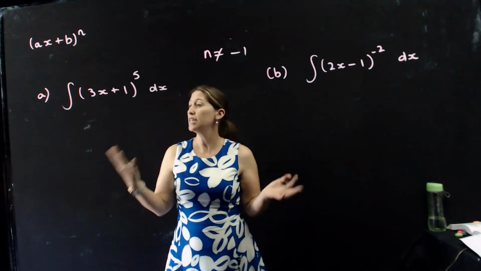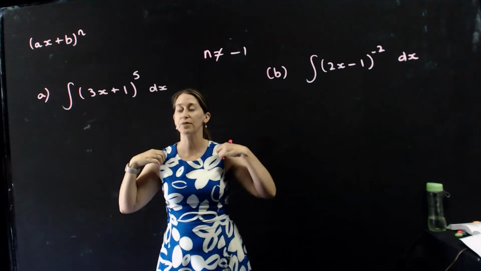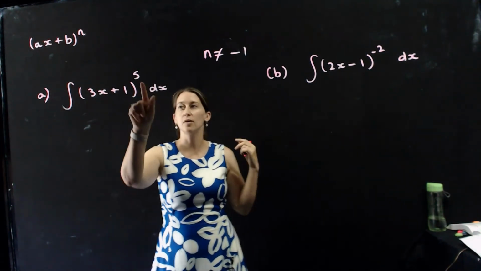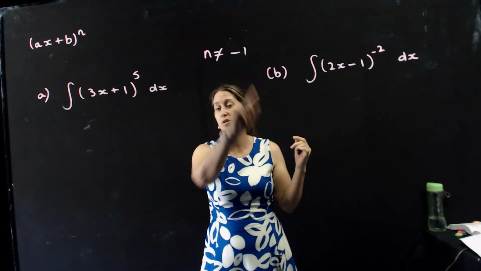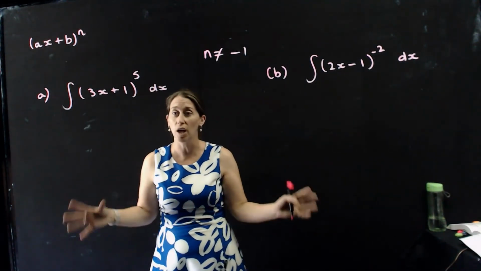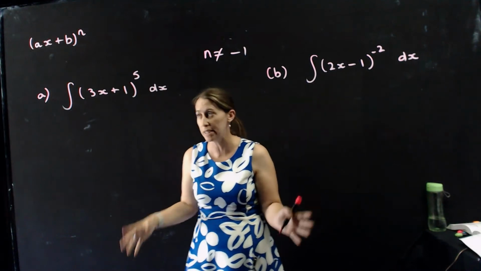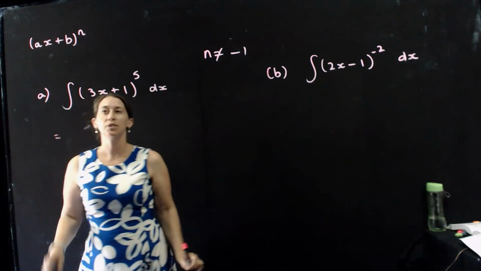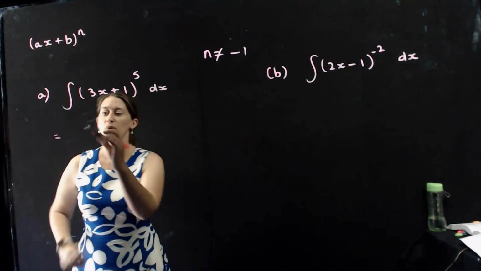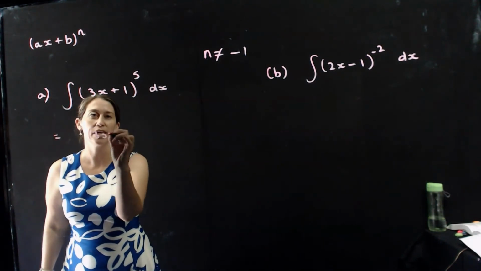So I look at this and I need to integrate the expression (3x + 1) to the power 5 with respect to x. Now I look at the power n and I notice that it is not equal to -1, so I can go ahead and use the rule that we've just formulated. So that rule says I take this expression and keep it as it is, so 3x + 1.